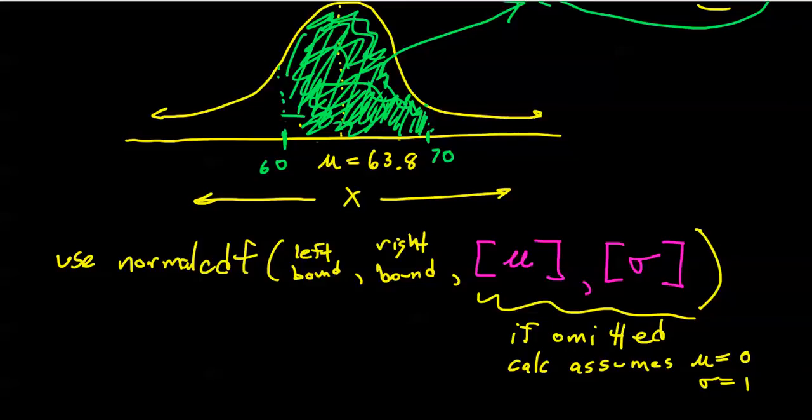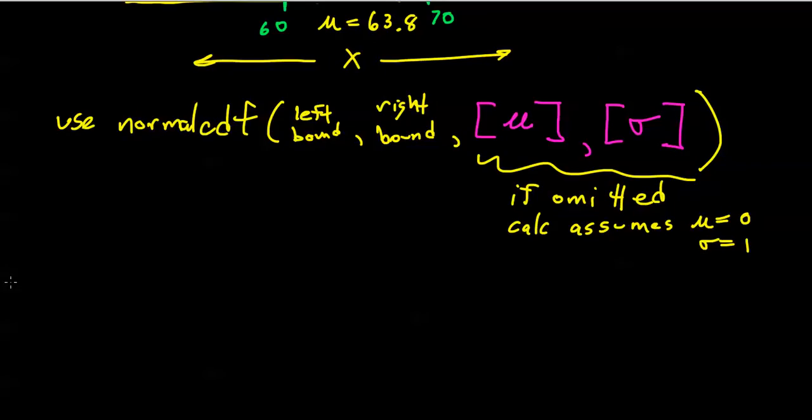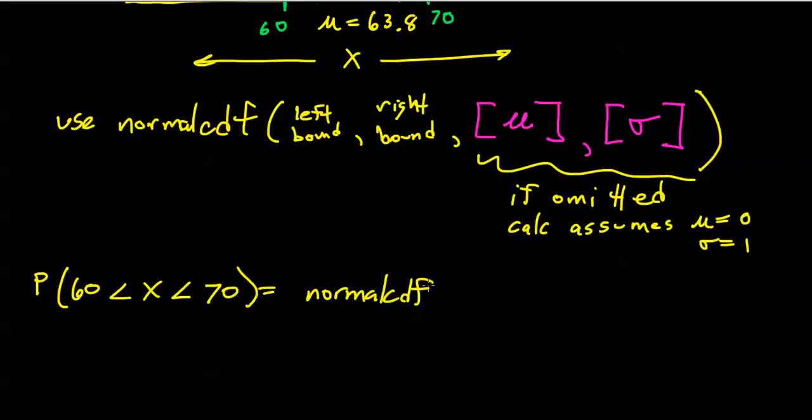Okay? Alright, so we can now easily grind out this area, easily grind out this probability using this command. So the probability that x is between 60 and 70, well, let's see, it would be normal CDF as before. We hit second distribution, normal CDF.